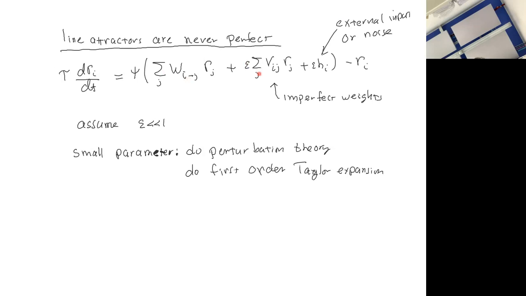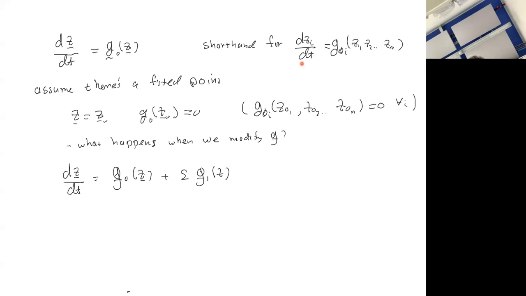Now, when we add this term, what happens? We're going to do this first for a much simpler case of point attractors. And we're going to assume, of course, that epsilon is small. So what we're going to do is let z equal z naught plus delta z. z naught is fixed.